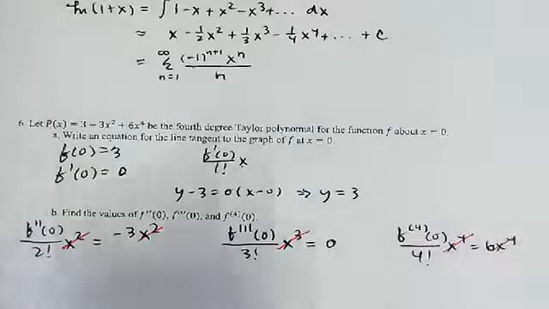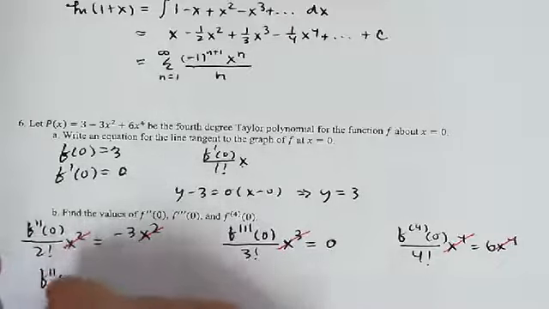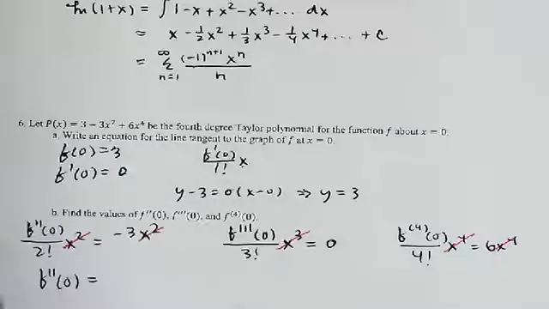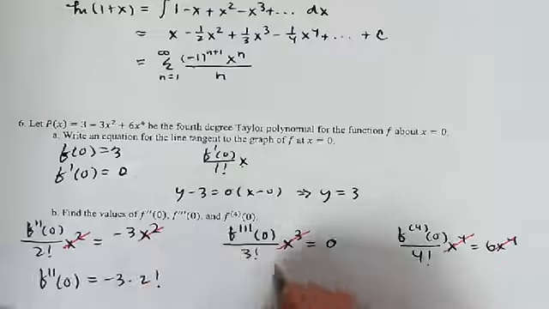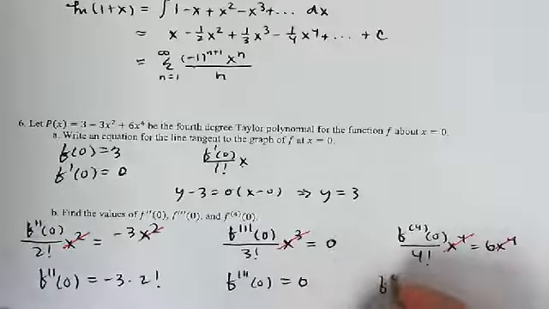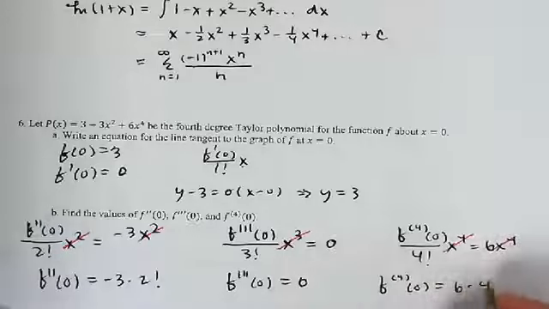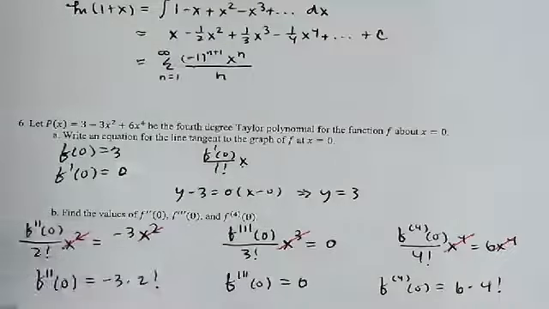And then I'm going to solve for these things. f double prime of 0 is equal to 2 factorial times negative 3, and f triple prime of 0 is going to be 0 times 3 factorial, and f's fourth is going to be 6 times 4 factorial. Okay. It's a very common type of question. I know that this shows up a lot in the free response.